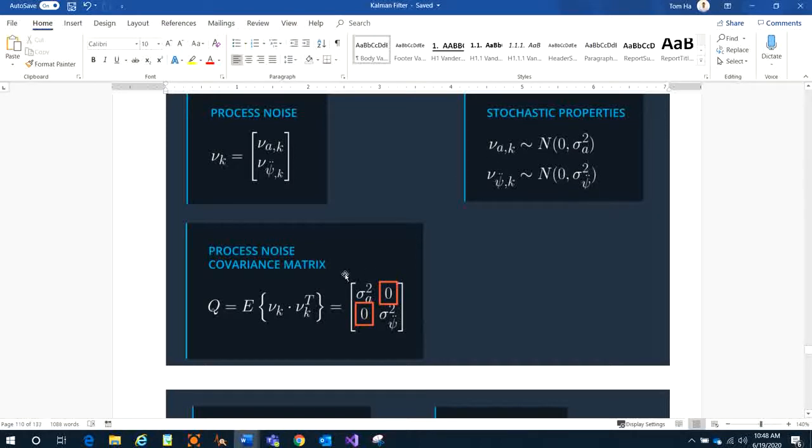Okay, and we have the process noise covariance matrix right here. You see, we have sigma a square and sigma yaw acceleration square, and the other value is equal to 0, because longitude acceleration and yaw acceleration are independent. Independent, they are not related together.